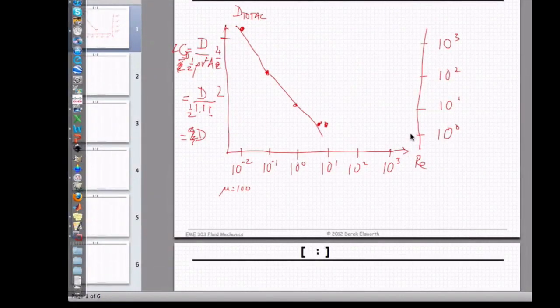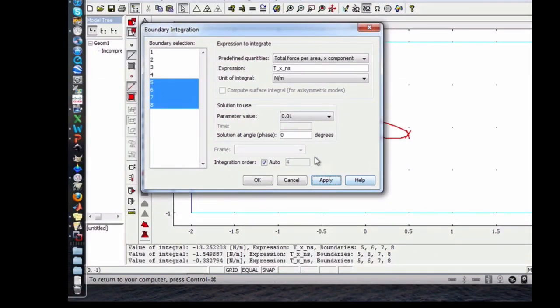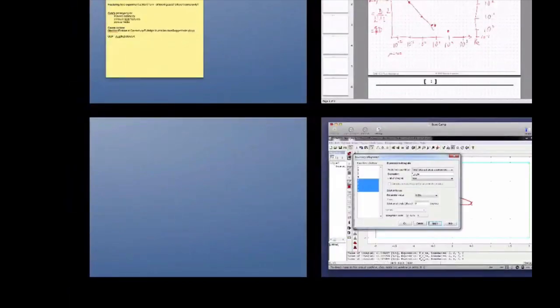This is 1, this would be 10 to the 0, 10 to the minus 1, rather. So 0.3 would be about here. And as we go down one more, again, this is the last one we could do before it would blow up with these eddies in the downstream location, and it's only a third of that, so it's 0.1. And so you get the picture anyway.